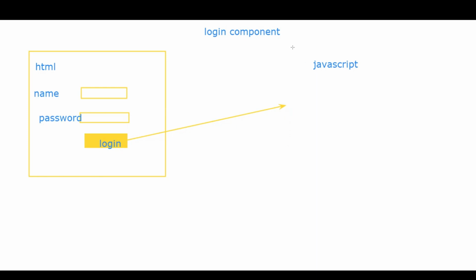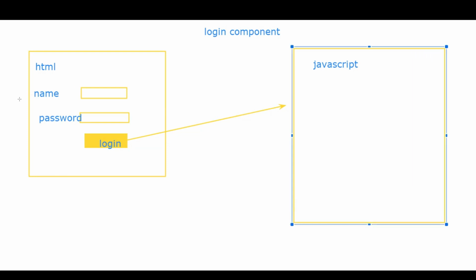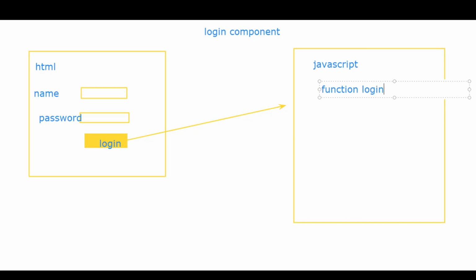It can have a login function, where you accept the name and password fields and check for validation, and so on. This is called the associated JavaScript. Together, we are going to call it a login component.